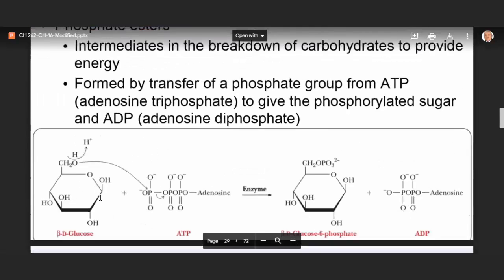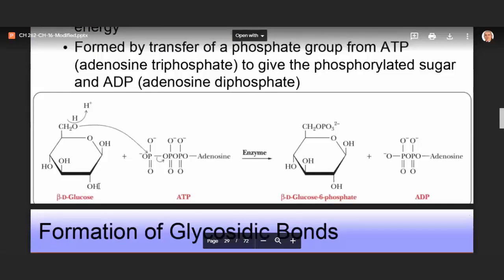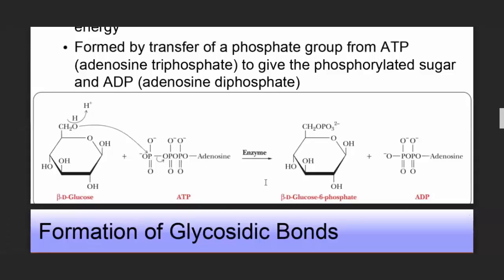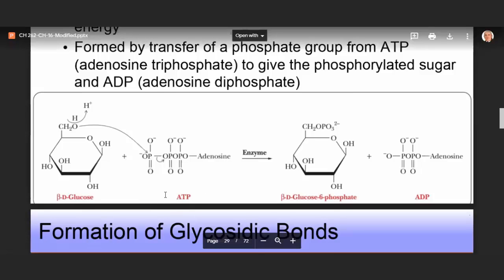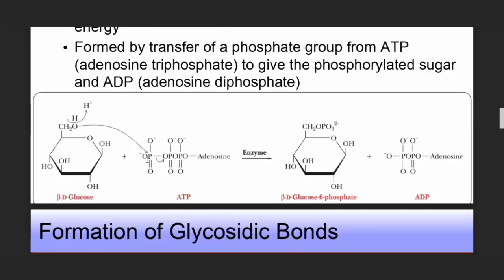You see here the formation of the phosphate ester of glucose: beta D glucose plus a molecule called ATP. By the way, ATP is the phosphate group donor. Again, ATP is the phosphate group donor.